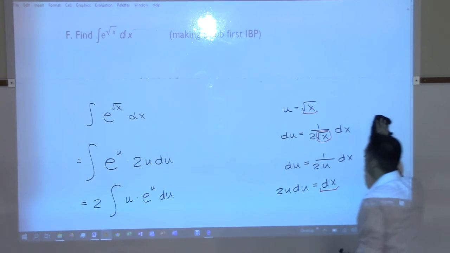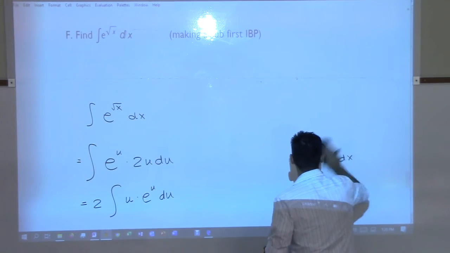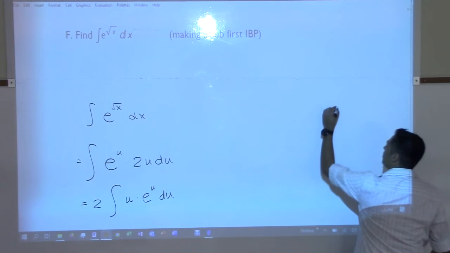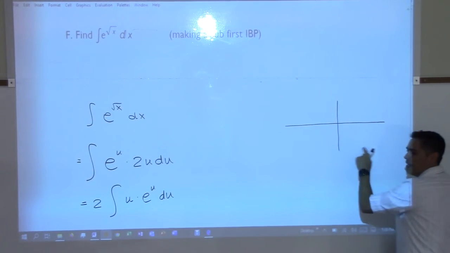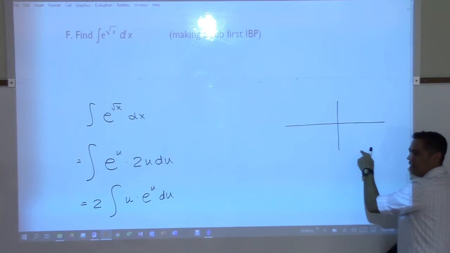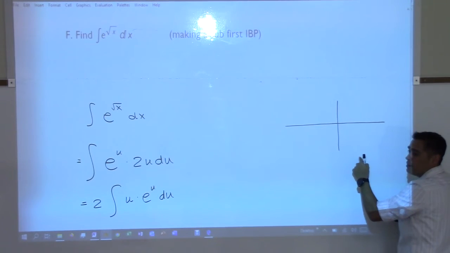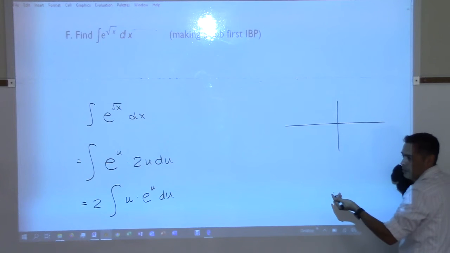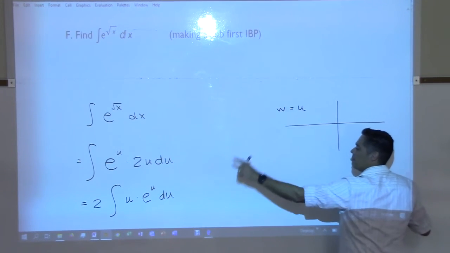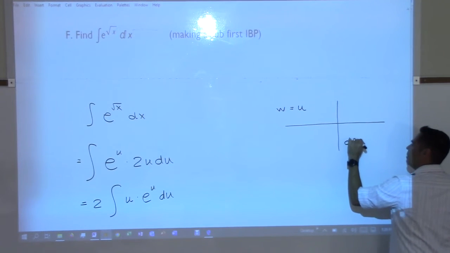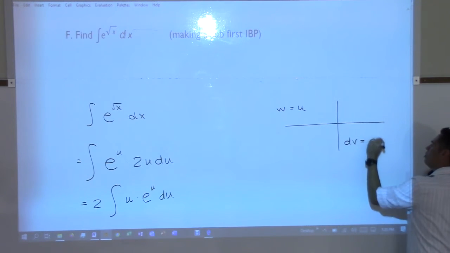So what I'm going to do is create my table for integration by parts now. I'm supposed to put u here and dv here. But I can't use u, so I'm going to use a different variable. Any variable I want, I'm just going to go with w, all right? So w is going to be the u, and then what's my dv going to be? e to the u du.